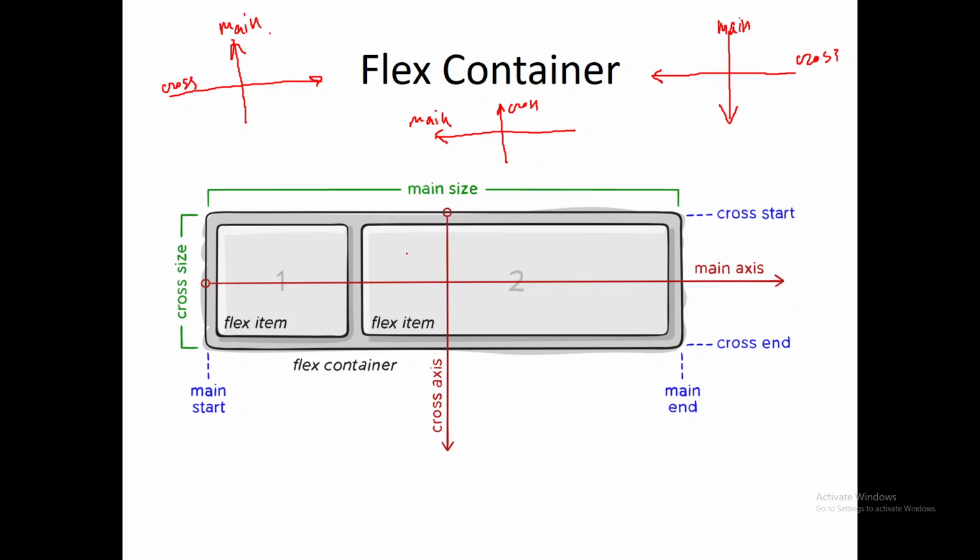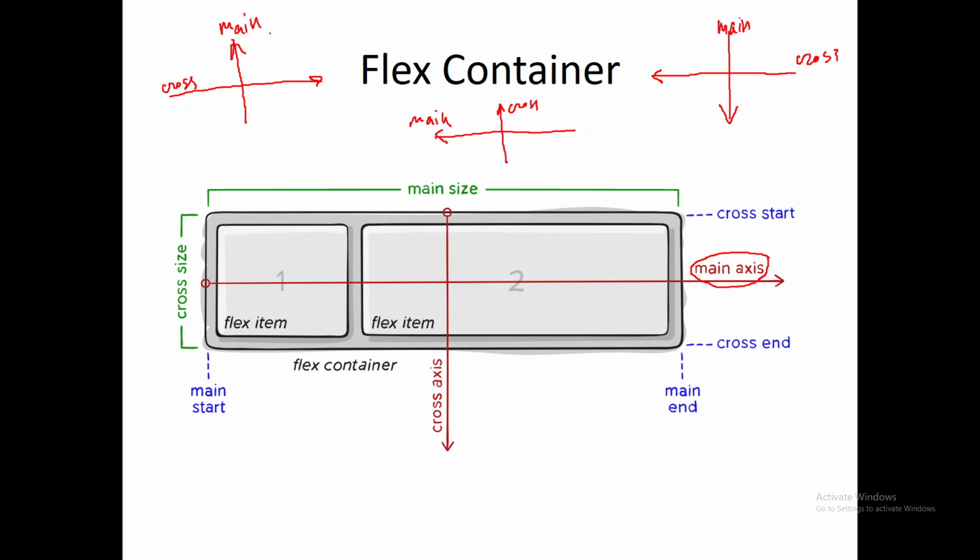Whenever you're defining a flex container, you have to indicate the orientation of your main axis. Is it from left to right, from right to left, from top to bottom, or from bottom to top? We're going to see this in the next slide.